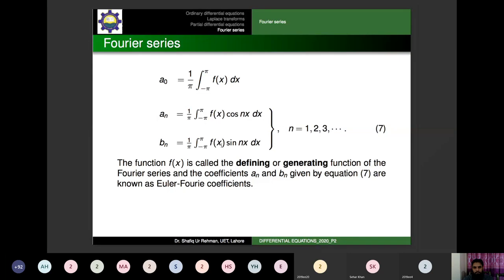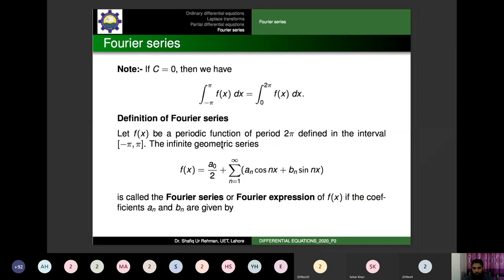So it means that we need to calculate a0, we need to calculate an, and we need to calculate bn. Once we calculate them, plug them in over here and then expand them as much as you can. We normally try to expand them up to 3-4 non-zero terms so that we can observe a trend over there.